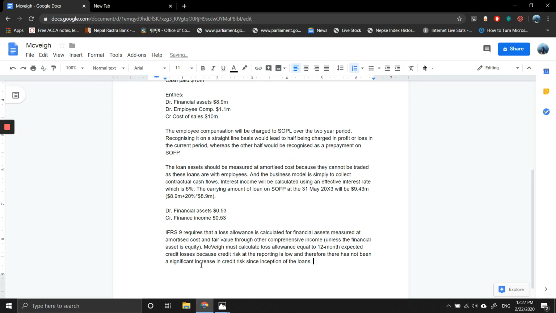The loss allowance will be charged to SOPL and will reduce the net carrying amount of the financial asset.